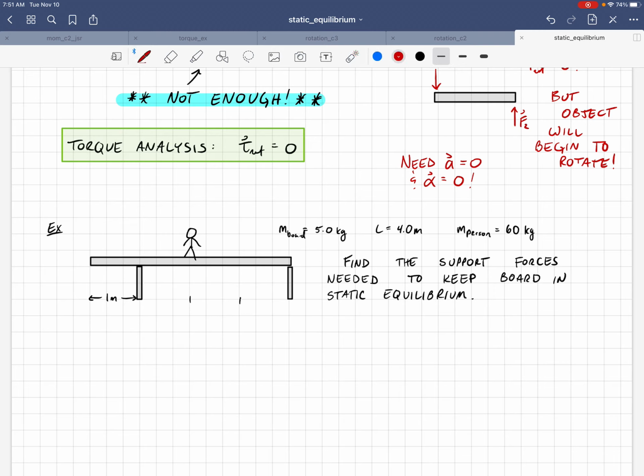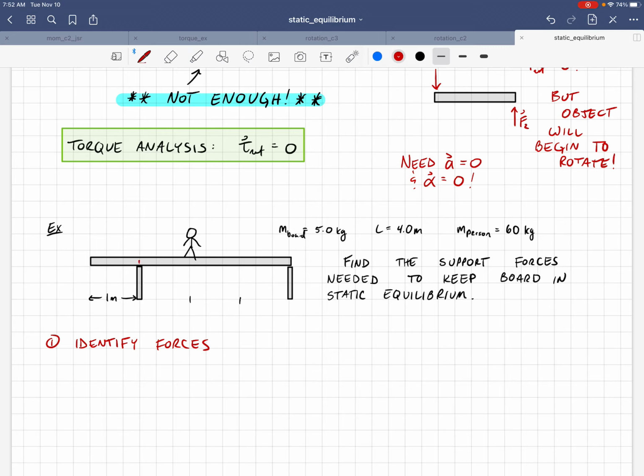So the first step here is identify forces. I'm investigating, in this case, the forces on the board. That's what I'm interested in. And so rather than treat the board like a point, I now care that it's an extended object.